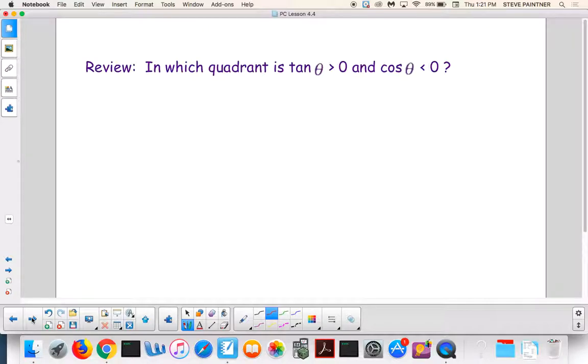And then I'll walk around and you put a number on the paper, I will say yes or no. I'll show you how you can do it. Well, they're saying which quadrant is tangent bigger than 0 and cosine less than 0.